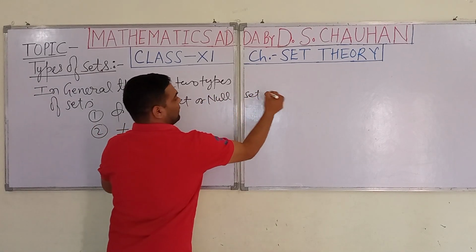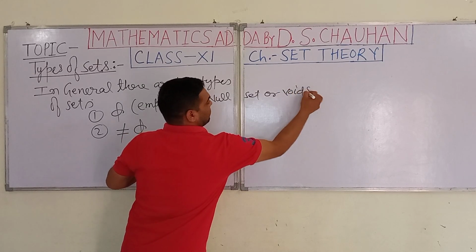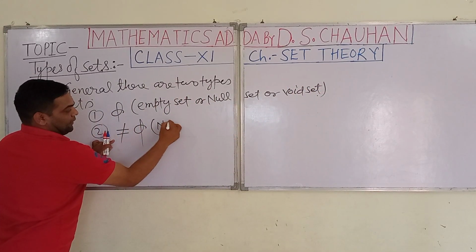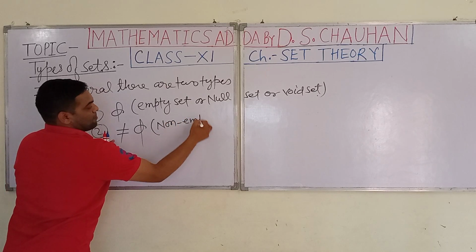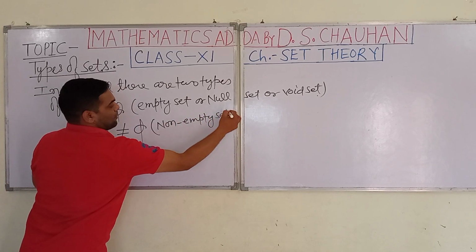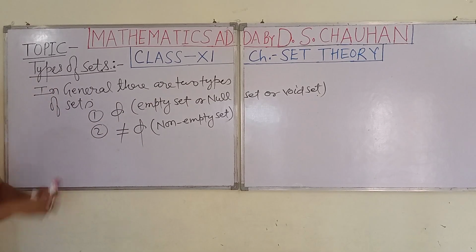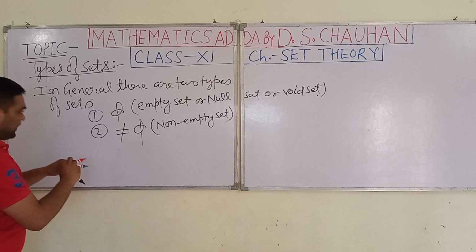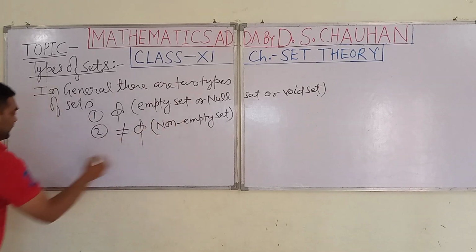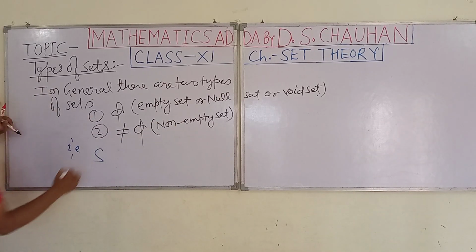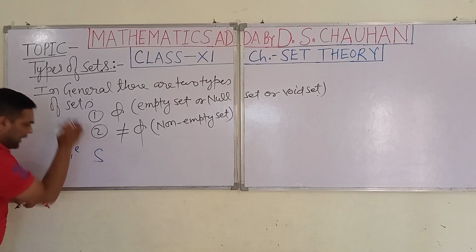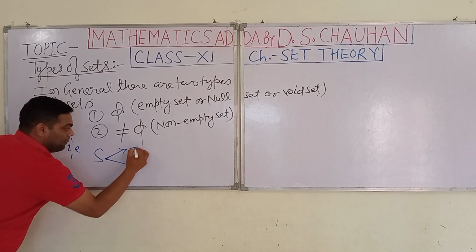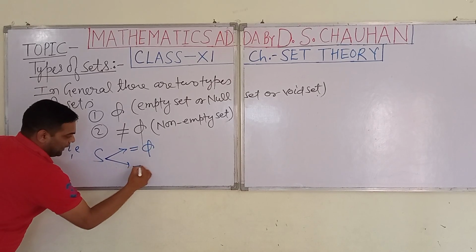Number one is the empty set, or sometimes it is known as the null set or void set, and the second one is the non-empty set. Students, in general there are two types of sets.